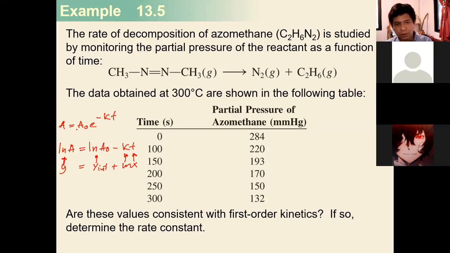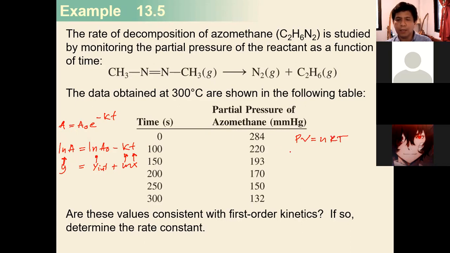Originally the equation uses concentrations, where A is concentration. If you assume that the system follows the ideal gas equation, we can derive a form of this equation using the pressure, because with gases it's easier to monitor pressure than concentration. Assuming the ideal gas equation, PV is equal to nRT.